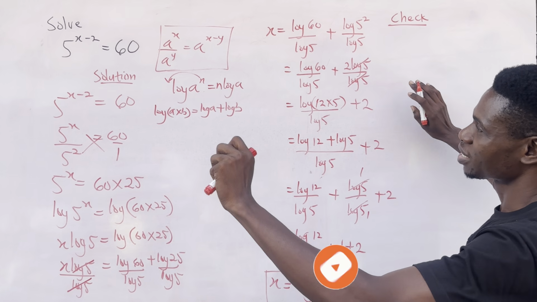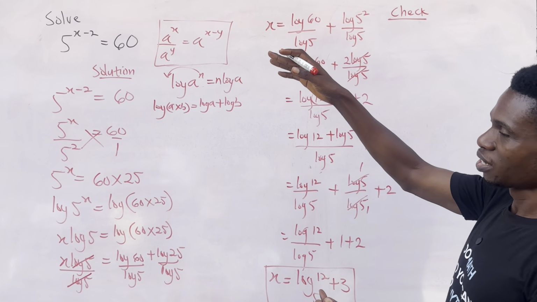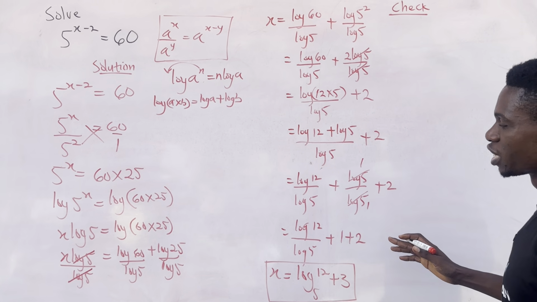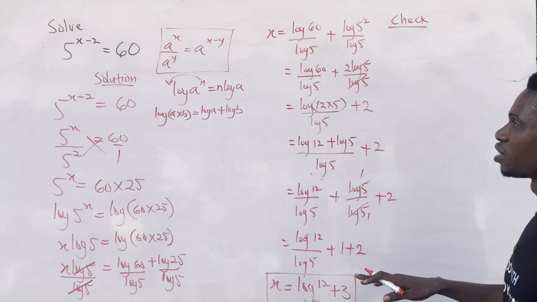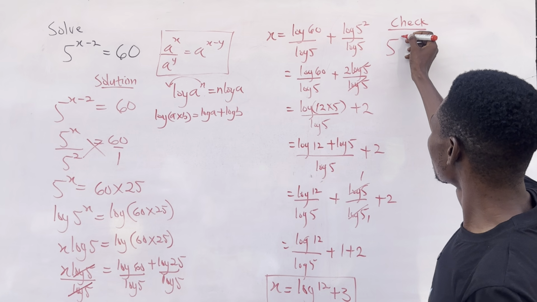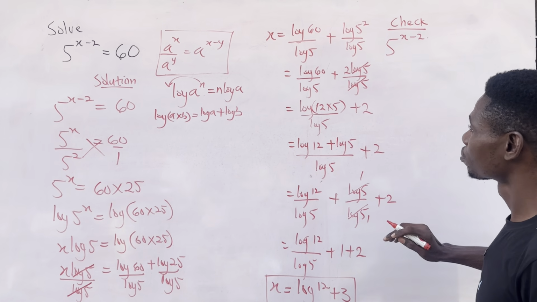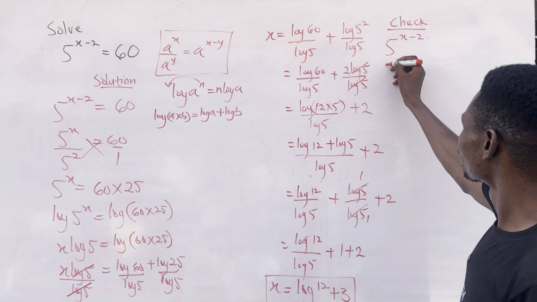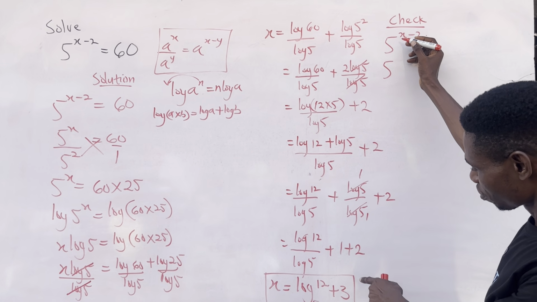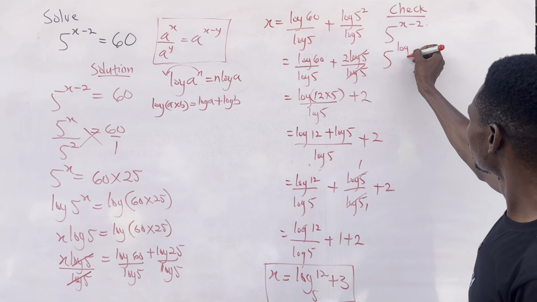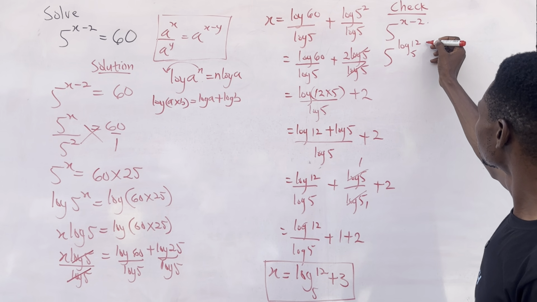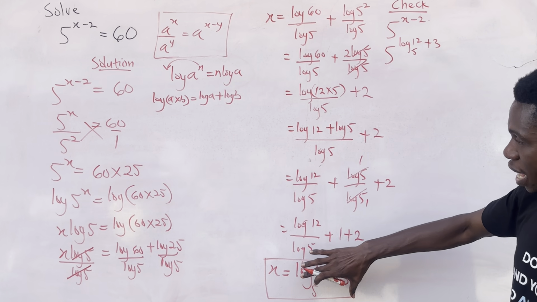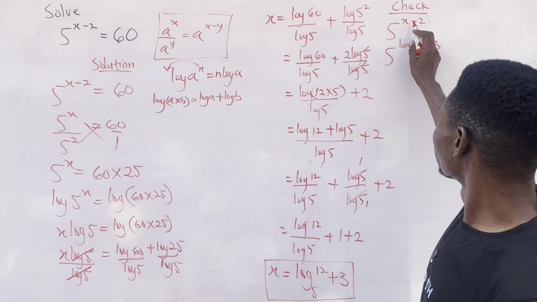So let's pick the left hand side with our log 12 base 5 plus 3 replacing x. Let's see what it gives us, whether we'll get 60 or not. So what we'll have is 5 raised to power x minus 2. So we want to solve this and see if we'll get 60. So 5 raised to power x itself now is log 12 base 5 plus 3, but now we already have a minus 2 here.